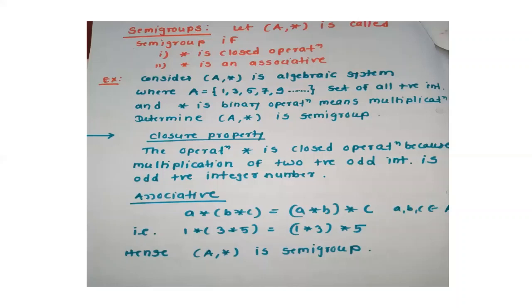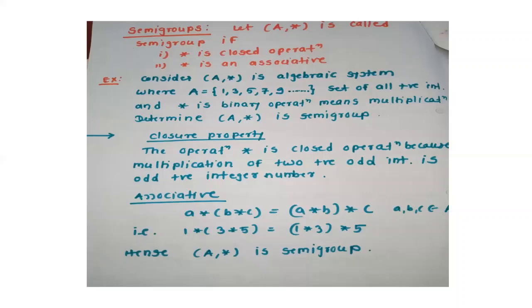So the two integers belong to that set, and the result also belongs to that set. So this satisfies the closure property.